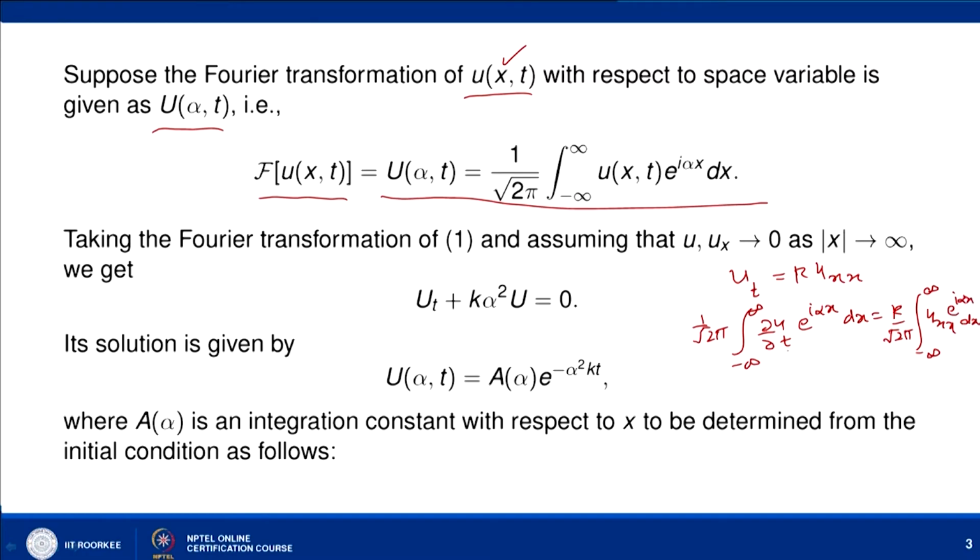Now, since the integration is with respect to x, I can write the left side as d by dt of the whole thing, and the 1 upon root 2 pi on both sides you can cancel out.